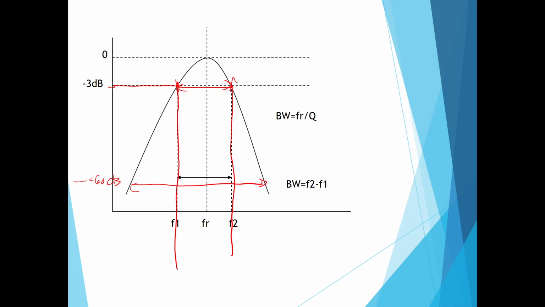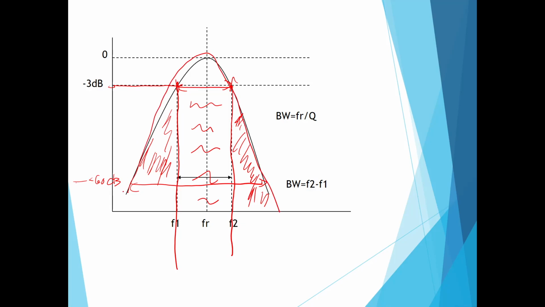We don't want this skirt like this, we don't want these sides. We want to select just this part in the middle here. But in practice, in the real world, the filter response looks like this. It has a curve like this.